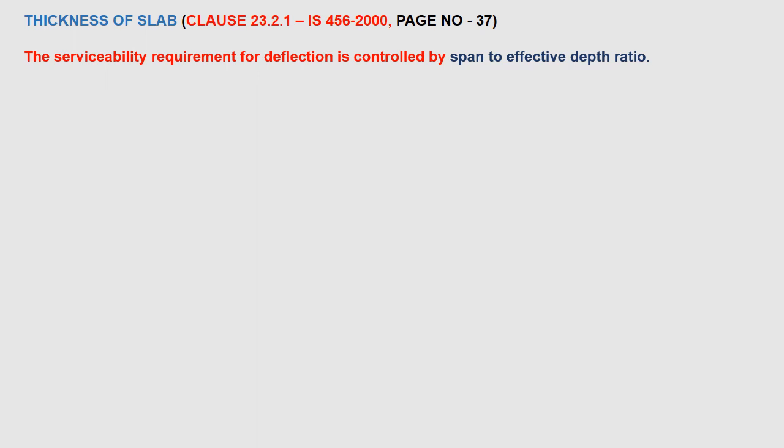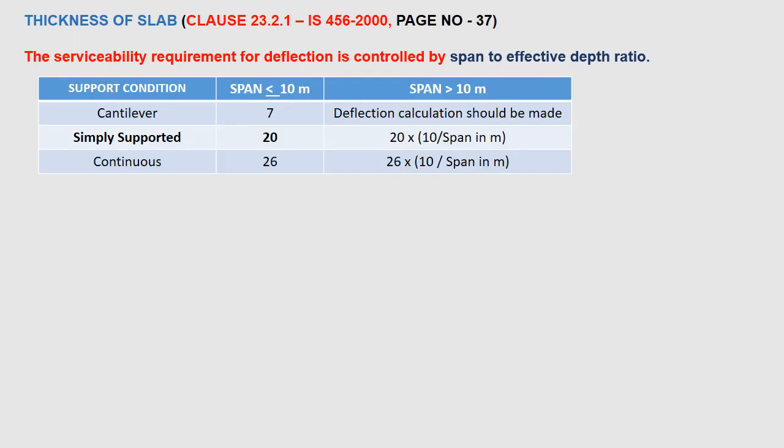Now I shall discuss how to assume the thickness of the slab. As per IS 456-2000, the serviceability requirement for deflection is controlled by the span to effective depth ratio. Now this span to effective depth ratio depends on different support conditions and the span length. For a cantilever slab, if the span is less than 10 meter, it is 7, and if the span is greater than 10 meter, then we have to calculate the actual deflection.